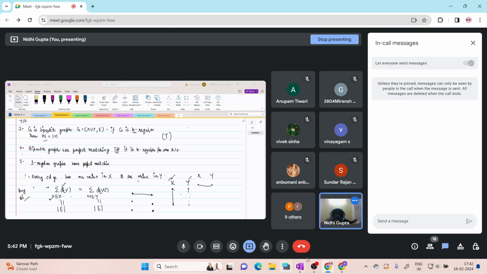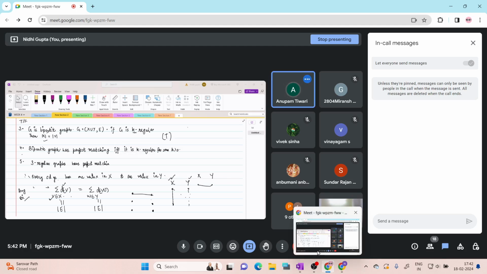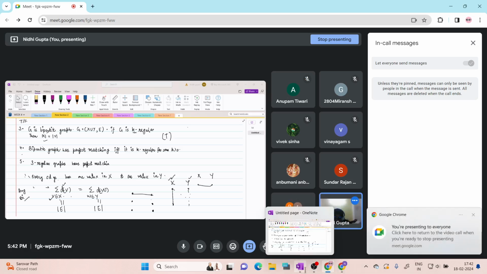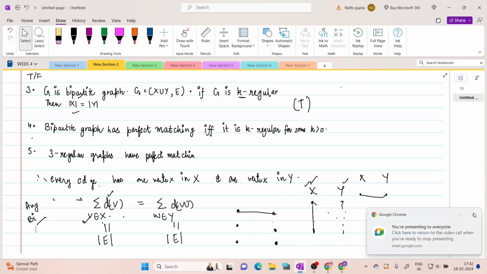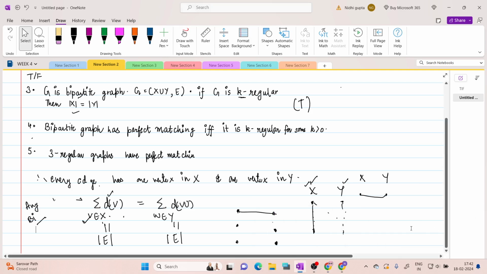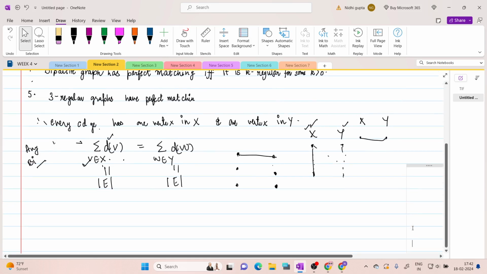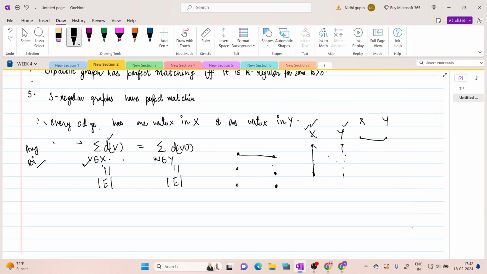What is n? n is the total number of vertices. But if n is the total number of vertices, why would it be n by 2? No, that need not be true.